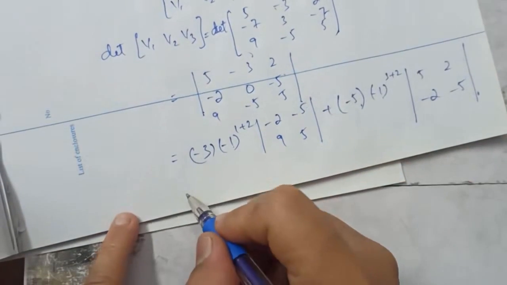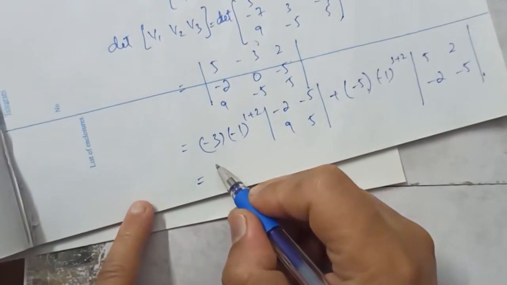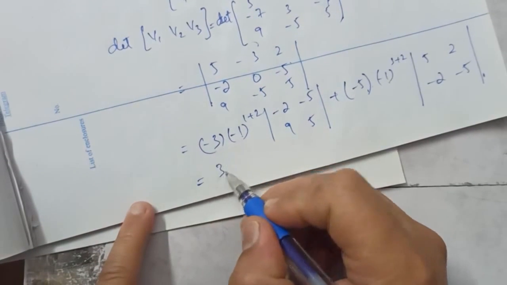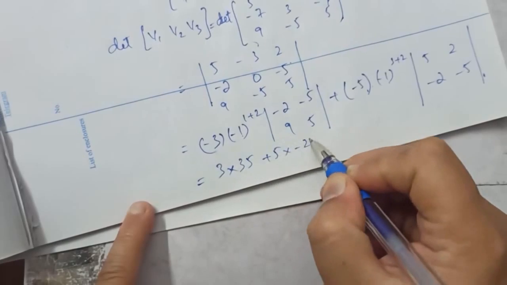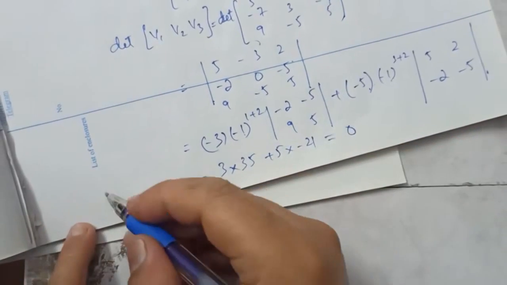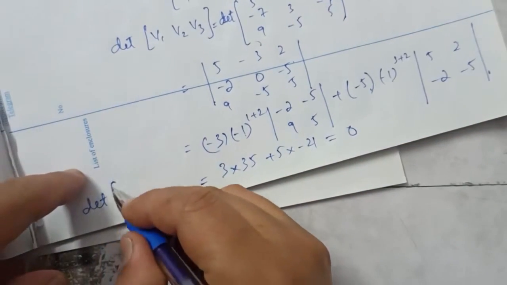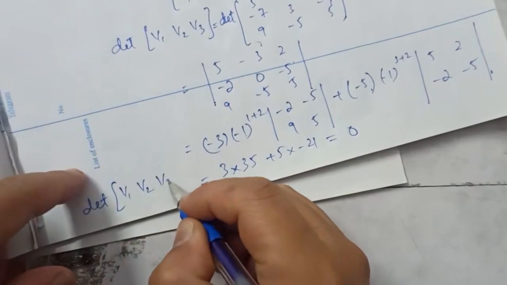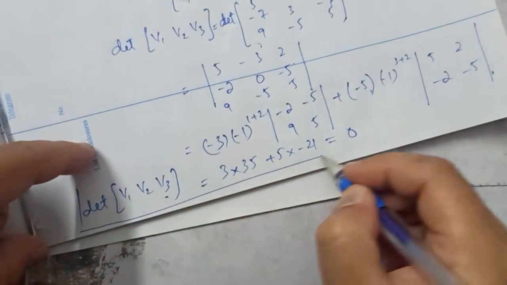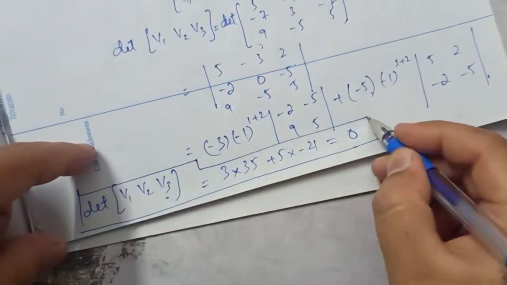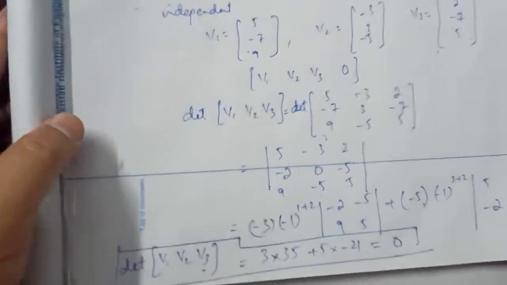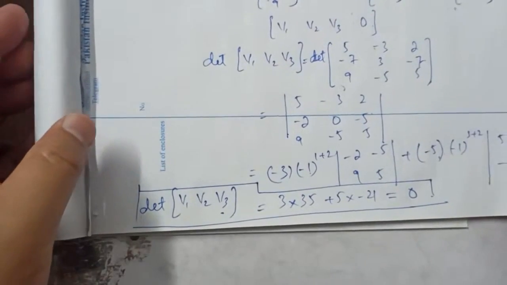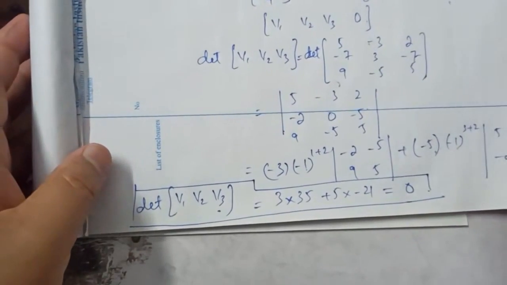When you calculate that, you will find this comes out to be 3 times 35 plus 5 times minus 21, which comes out to be 0, right? So the determinant of v1, v2 and v3 is equal to 0, and since this determinant is 0, it means they are linearly dependent vectors.